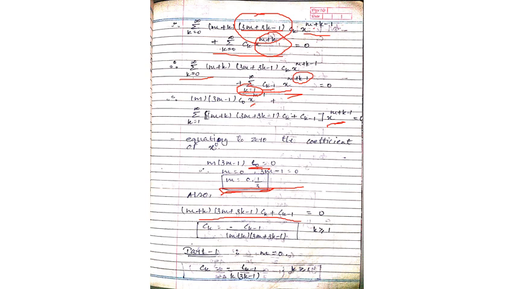Ultimately, we have to find its series solution. And what is its series? That is c0 plus c1 x plus c2 x square and so on. It means you have to find the constants. Okay. So here you have to make c k the subject. So it will be c k equals minus c k minus 1 upon m plus k into 3m plus 3k minus 1.